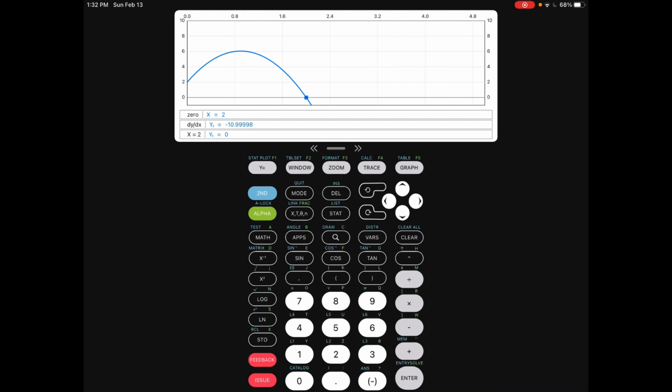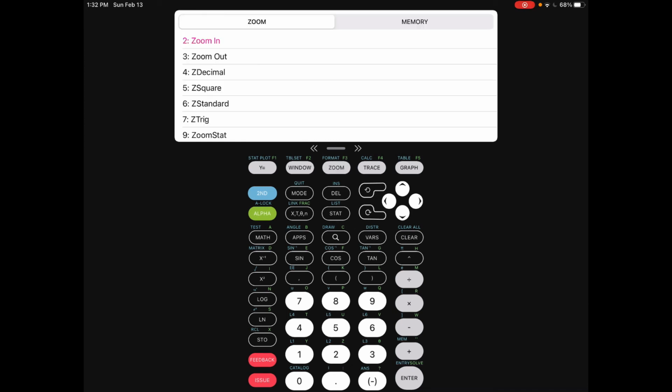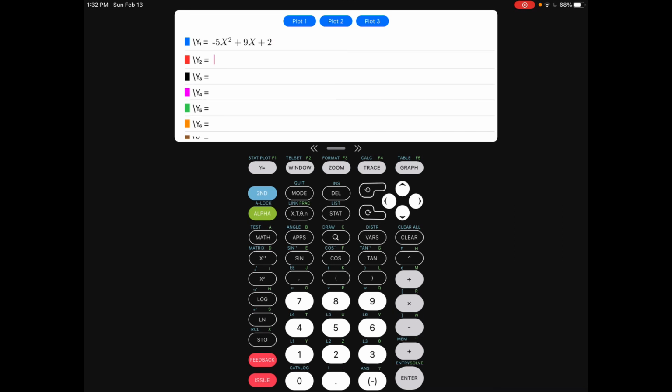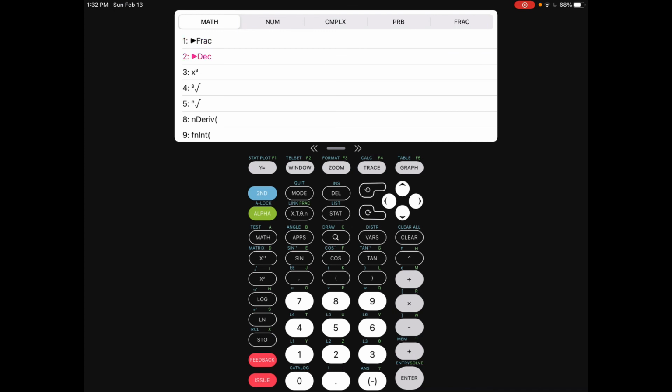Now, to find the second derivative can sometimes be a little bit tricky. So I'll show you one more hack here to get the calculator to actually graph a derivative. I'm going to go to regular window settings again. And I'm going to head into y equals. And I'm going to hit math. And I go down here and I choose nDeriv.